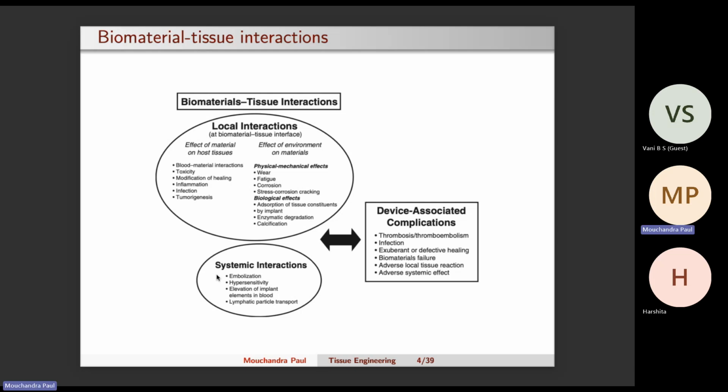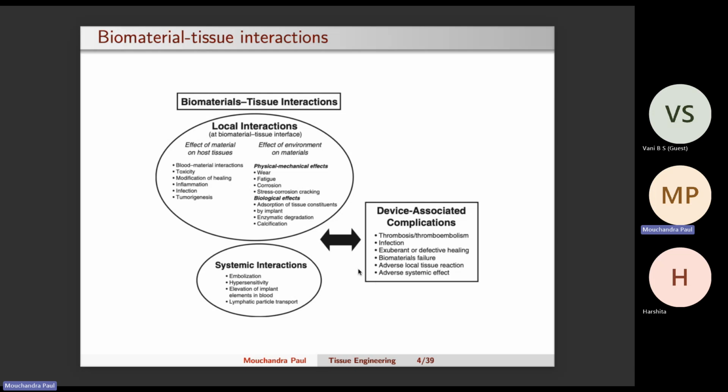So let me repeat: these interactions can either cause the failure of your implant, or be a consequence of the failure, meaning the device has failed first, and because of that, effects are observed at the systemic as well as local area. All right, so both ways, that is why this arrow is seen in both ways.